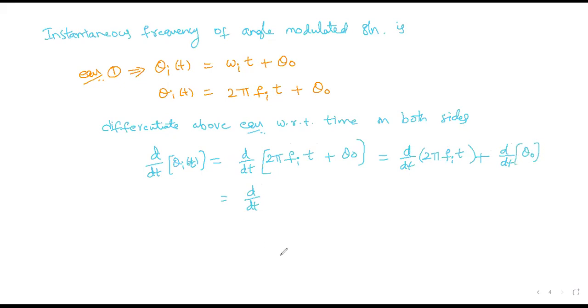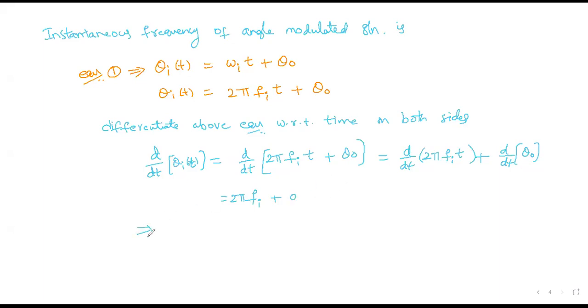Now, can you tell me what we get for the first term? What's the differentiation of 2 pi into fi into t? 2 pi is a constant, fi is also constant. So what I get is 2 pi into fi, plus the next term is 0.